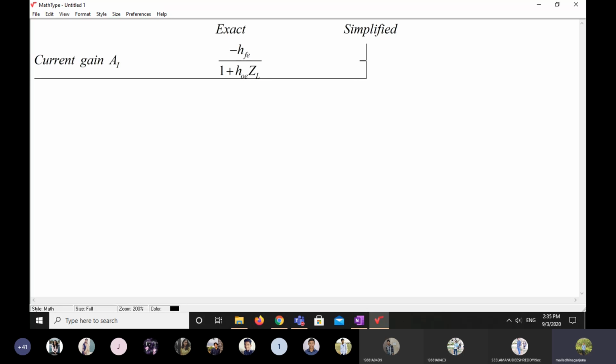Here it is HFE. Current gain in the exact model is minus HFE by 1 plus HOE into ZL. In the simplified model it is minus HFE.